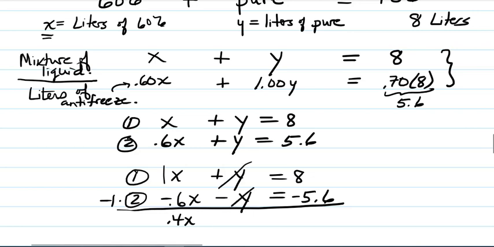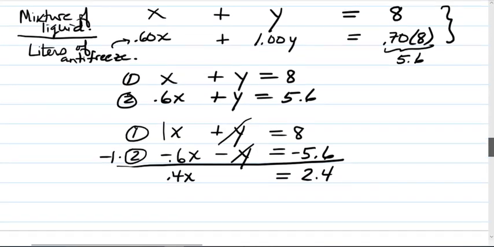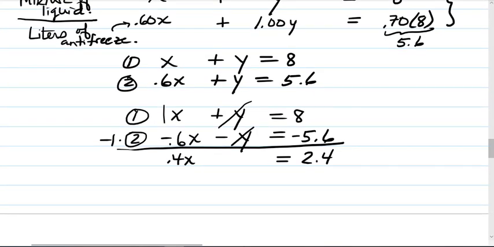These two add up to 0, so we don't need to write anything. And then 8 minus 5.6 is going to be 2.4. Now we just need to solve for x. So 0.4 times x, to reverse that we divide. So x equals 2.4 divided by 0.4, which is the same as 24 divided by 4, so that's going to be 6.